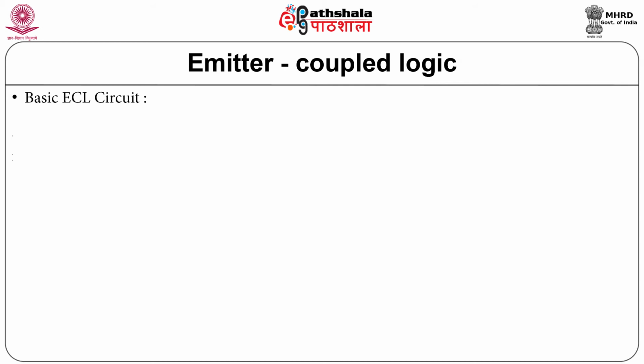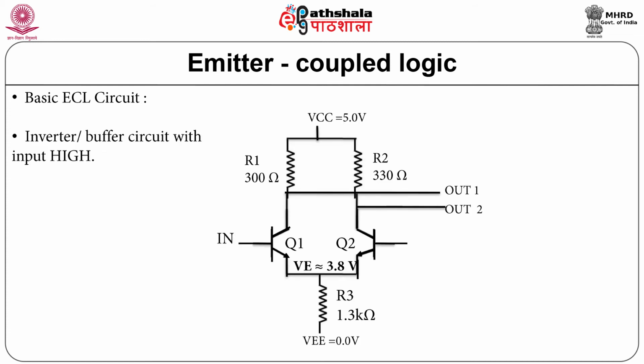The basic idea of current mode logic is given by the inverter or buffer circuit shown on the slide. This circuit has both an inverting output, out 1, and a non-inverting output, out 2. Two transistors are connected as a differential amplifier with a common emitter resistor.